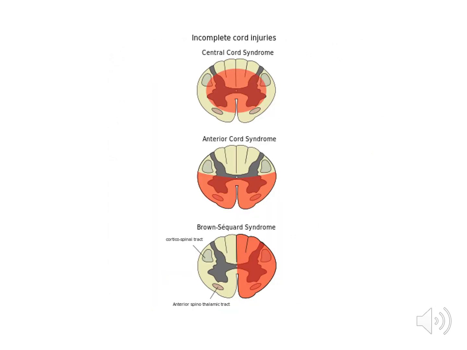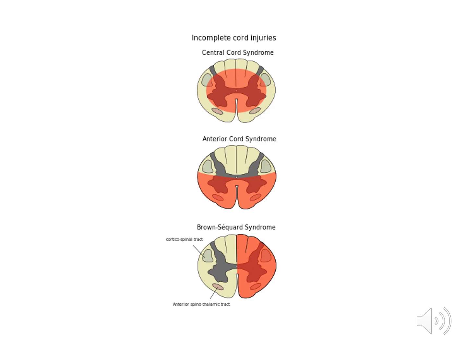A complete spinal cord injury means that pretty much the entire width of the cord has been damaged, so that no nerve impulses are able to be transmitted past that level of the injury. An incomplete spinal cord injury means that there are parts of the spinal cord that have escaped injury, and so there is some nerve transmission possible below the level of that injury.